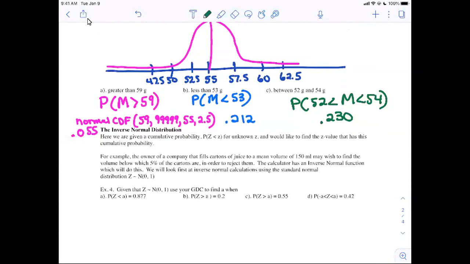The calculator has an inverse normal function which will do this. We will look first at inverse normal calculations using the standard normal distribution, where z is normally distributed with a mean of 0 and a standard deviation of 1. If it's not, we're going to have to standardize it because the calculator only does the standard normal for inverse. That's something unique about the inverse normal distribution.